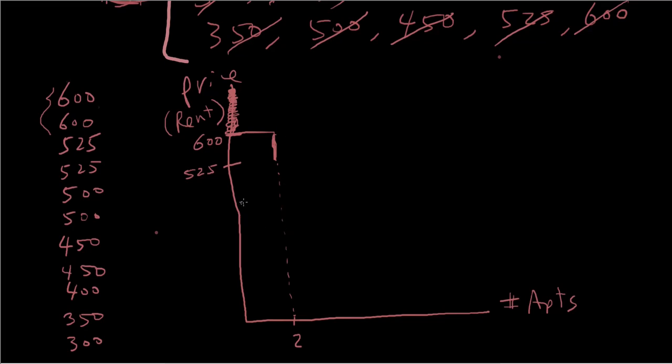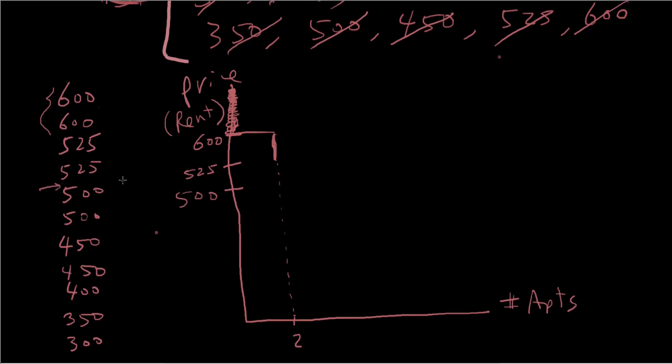Now we keep doing the same thing. If the price is between 500 and 525, then how many people out of these 11 are willing to rent? These 2 and these 2, right?